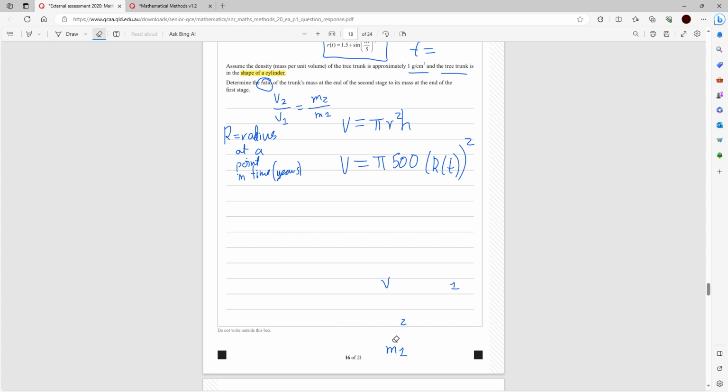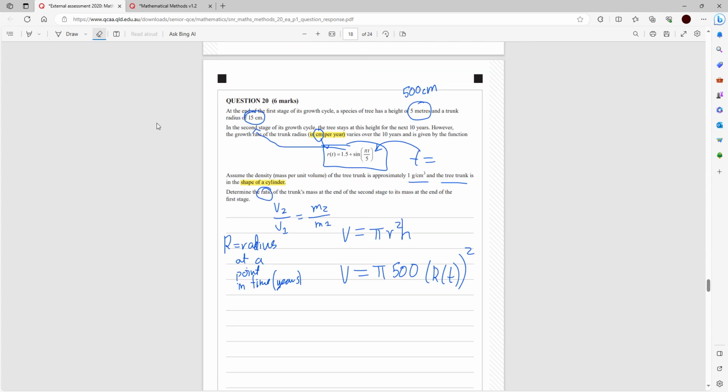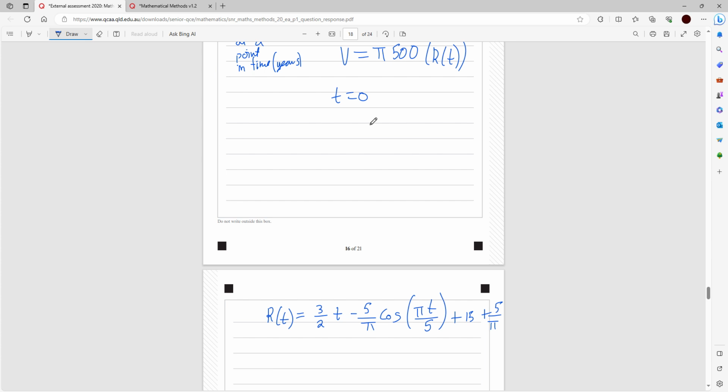Right. So rubbing this out, what we're going to do is the second part of this question. We need the volume at the end of the first stage. So that means we want the volume when t equals 0. So we work out R of 0, because the volume of the first stage will be pi times 500 times R of 0 all squared.